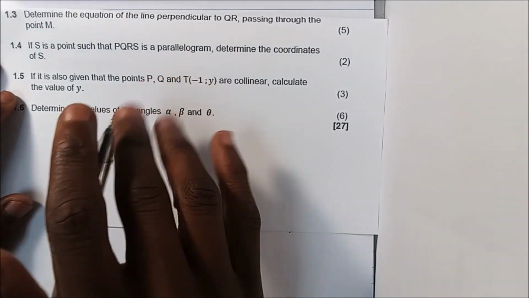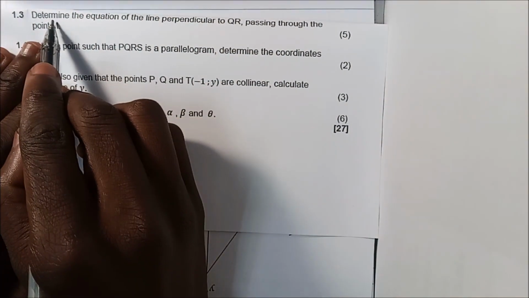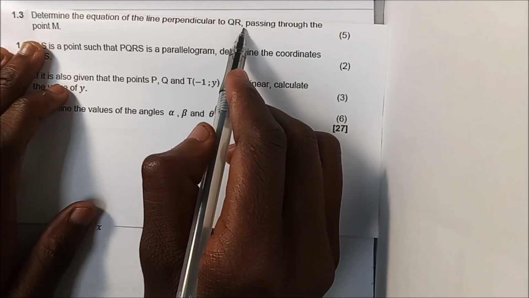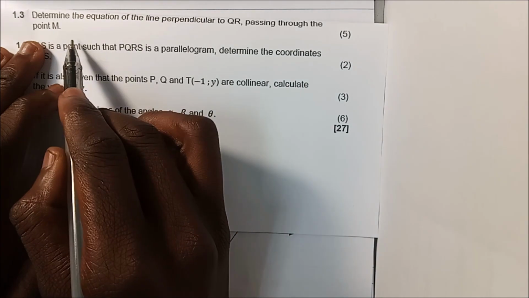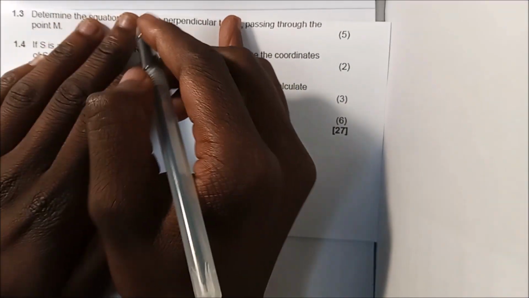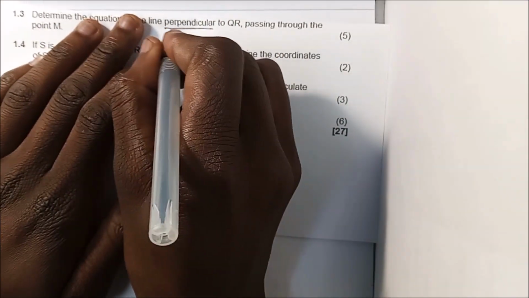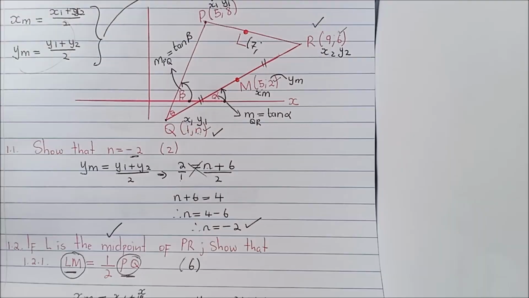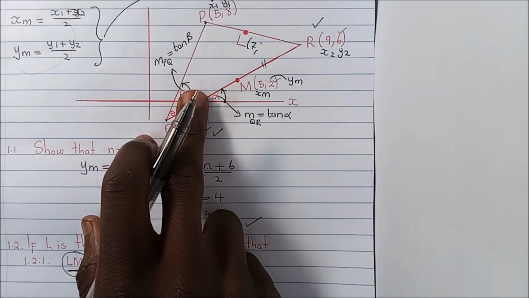So we have the third question. The question says, determine the equation of a line perpendicular to QR passing through M. So let's go ahead and draw a sketch on the diagram that we had. So here is our sketch.